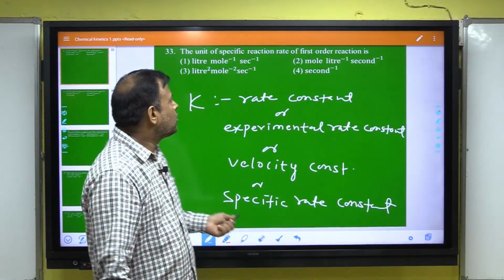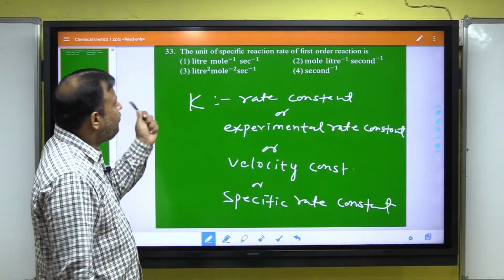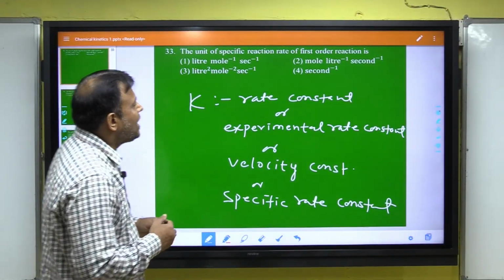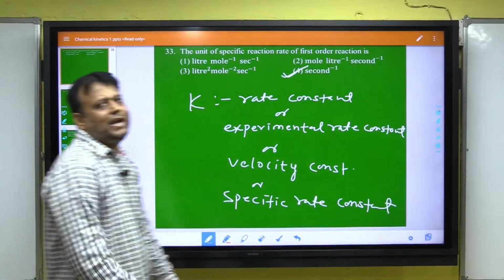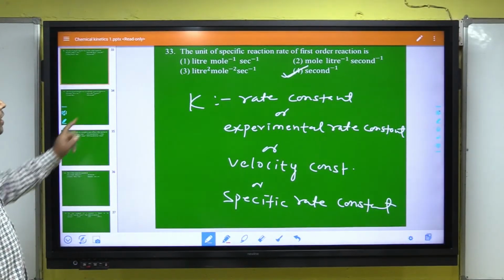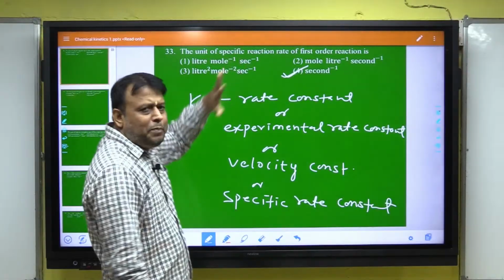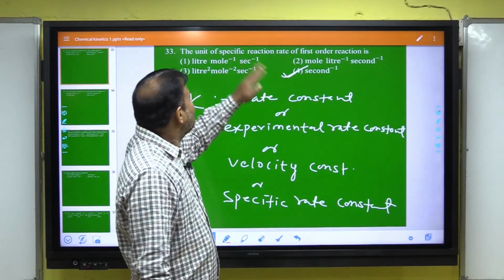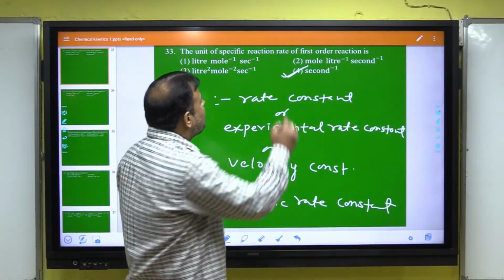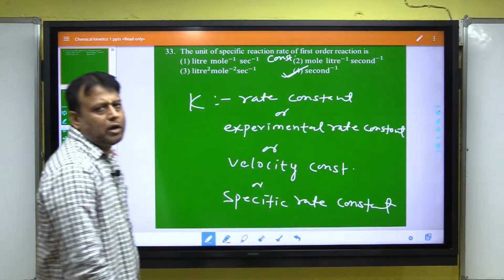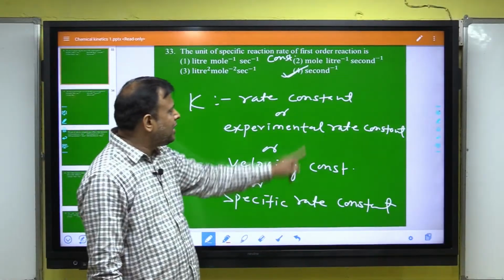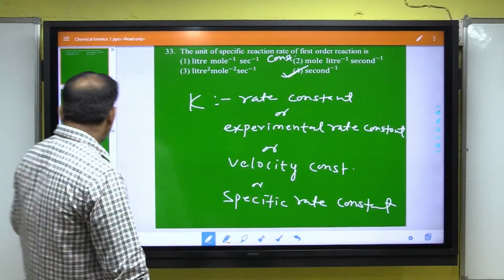For first order, it is always second inverse. In first order, time inverse, that means second inverse. Clear? So for a specific reaction rate constant of first order, time inverse.